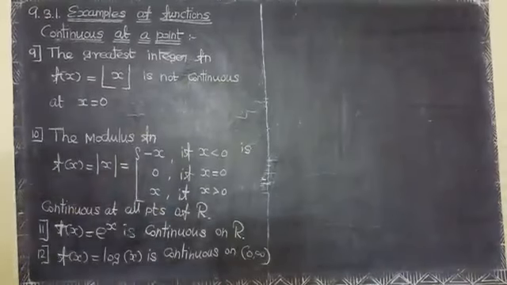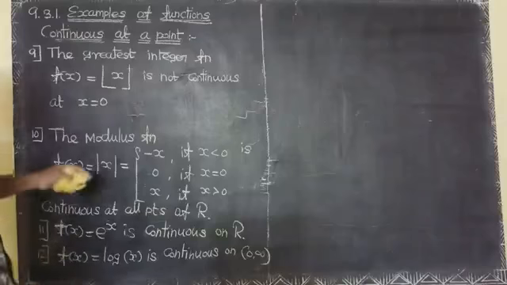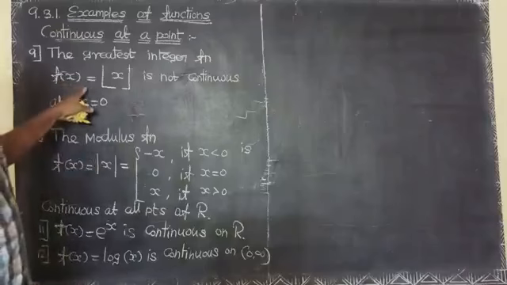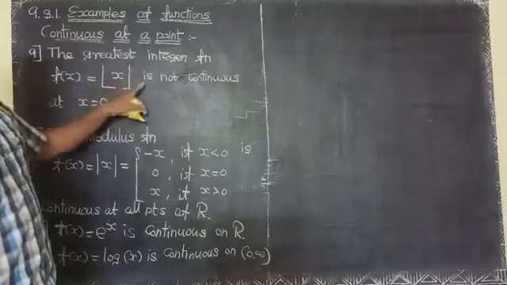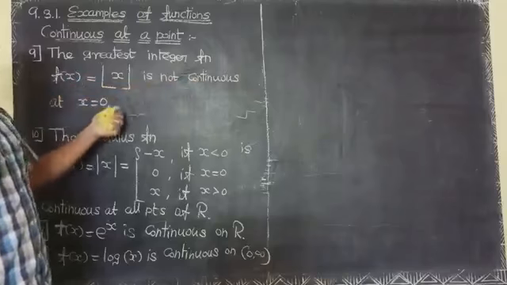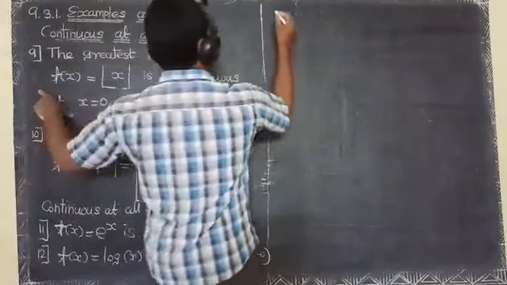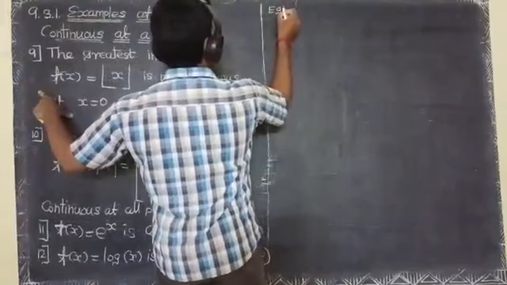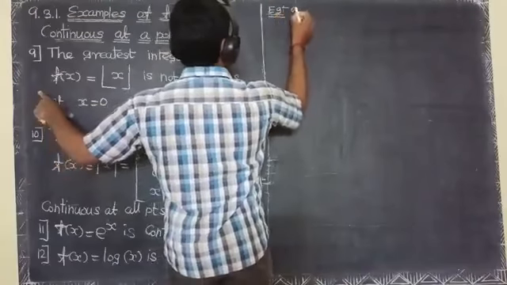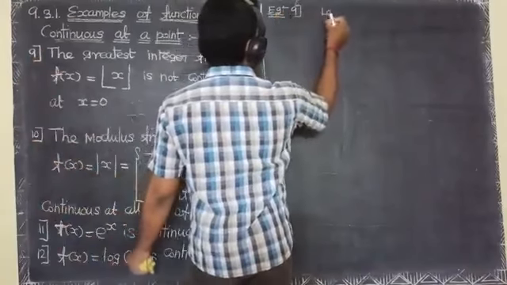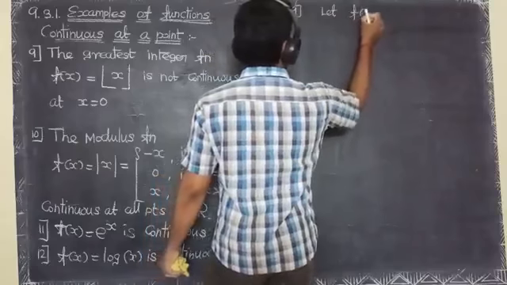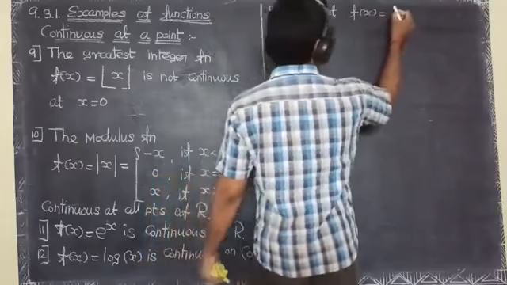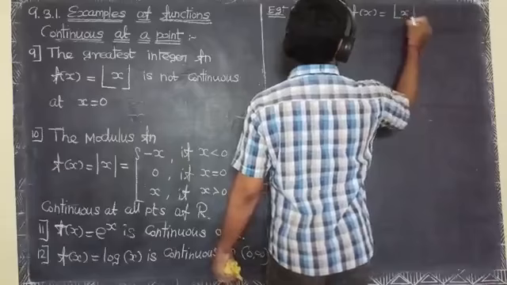Next, the ninth one: the greatest integer function f of x equal to the greatest integer of x is not continuous at x equal to 0. Here is the example. Let f of x equal the greatest integer function of x.